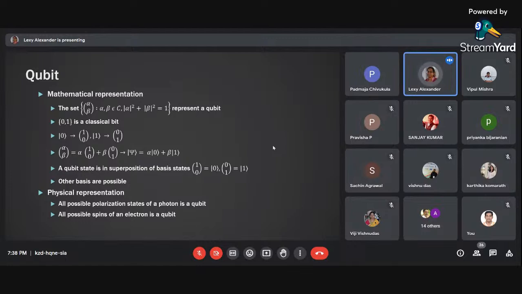We always say that a qubit is in a superposition of ket 0 and ket 1. Ket 0 and ket 1 are taken as the basis states, so it is a linear combination of them; physicists usually call this superposition. Other than ket 0 and ket 1, some other bases are also possible.